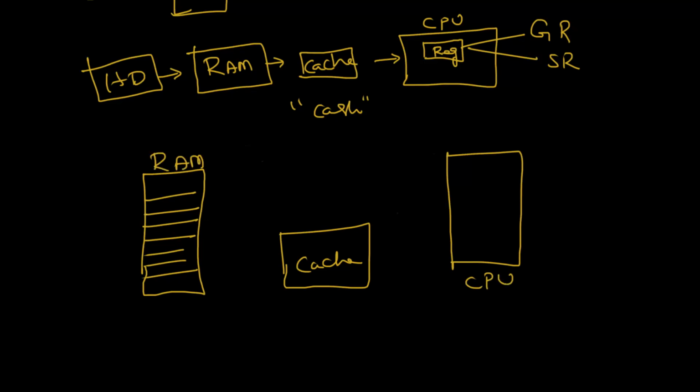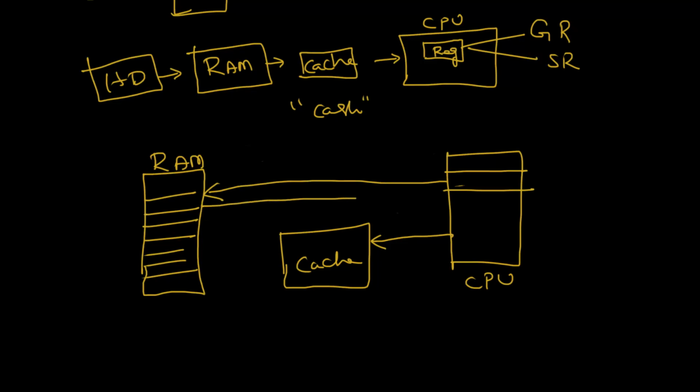If you see this entire hierarchy, there is a RAM and CPU, and in between, we have a cache memory. Whenever the CPU wants to execute a set of instructions, it will look for the first instruction in the cache memory. If that first instruction is not available in the cache memory, the CPU will look for it in the RAM. If that instruction is available in the RAM, it will be fetched and the instruction will be executed.